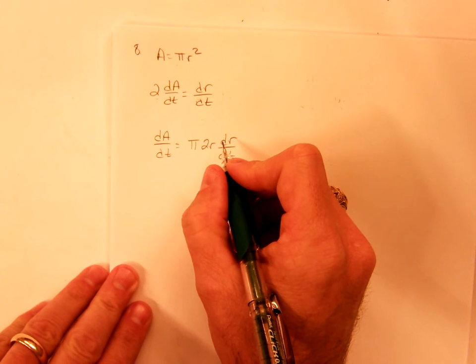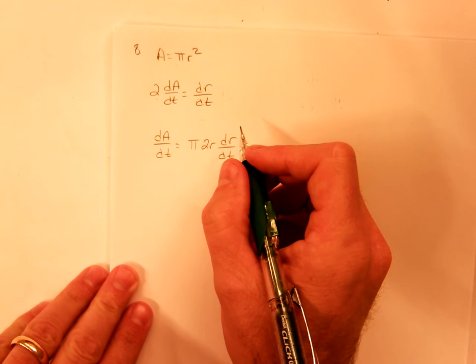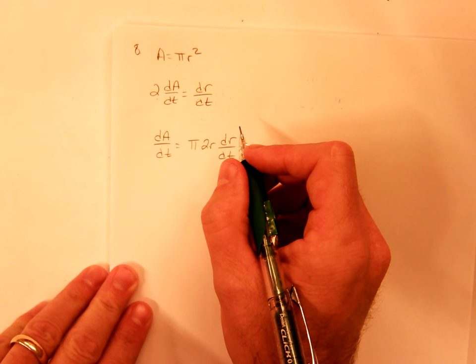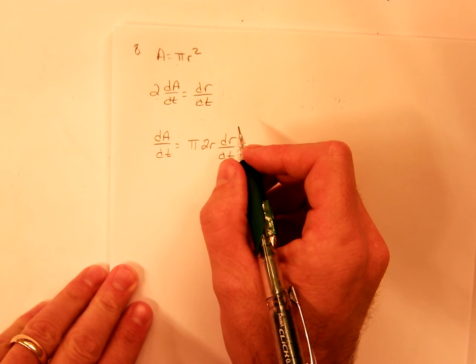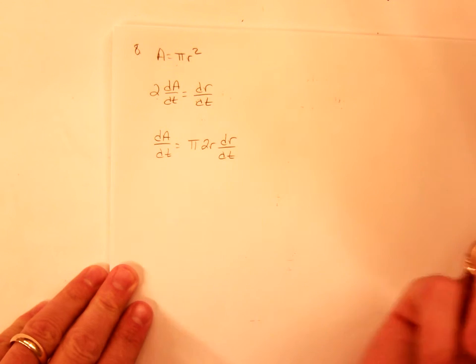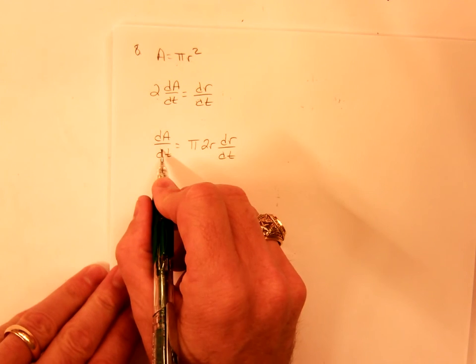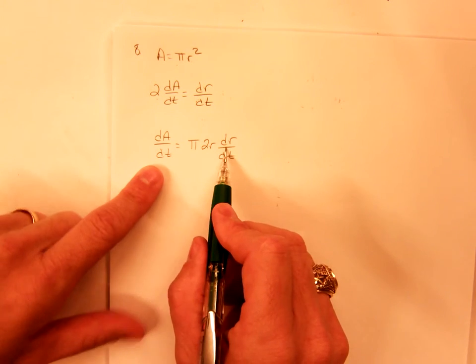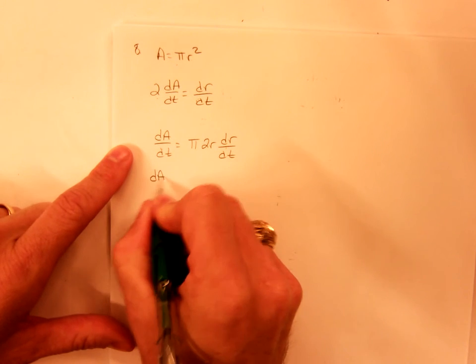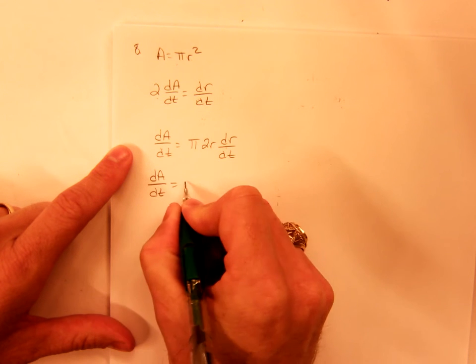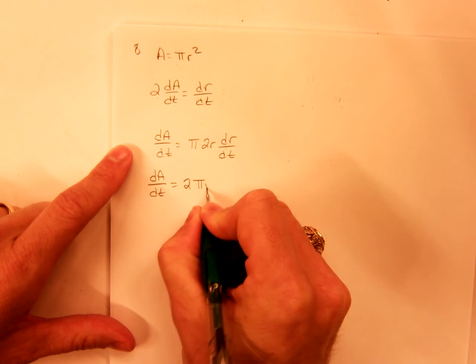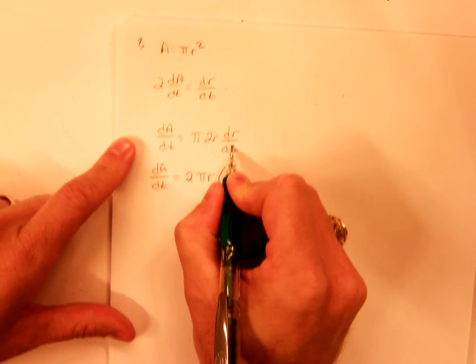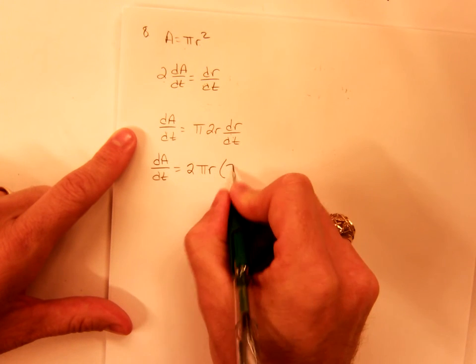And then, what are they asking? When the area is increasing as fast as the radius, they're looking for the radius. So what I'm going to do is change this to dA/dt over here. So I've got dA/dt is equal to 2 times pi times r times dr/dt, and dr/dt is equal to what? 2 dA/dt.